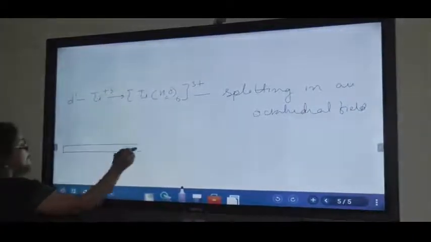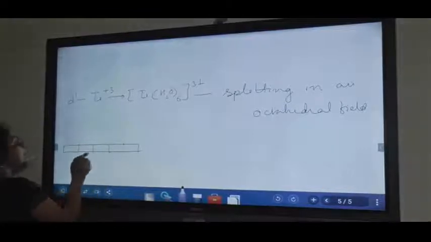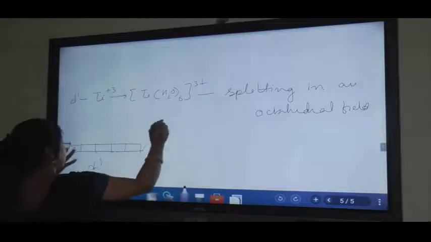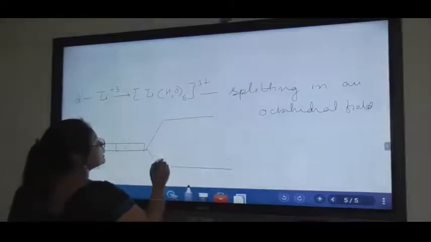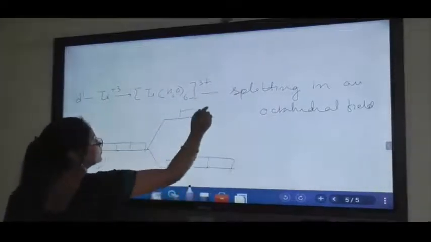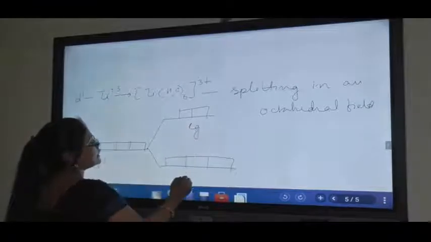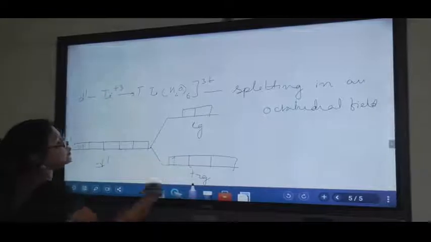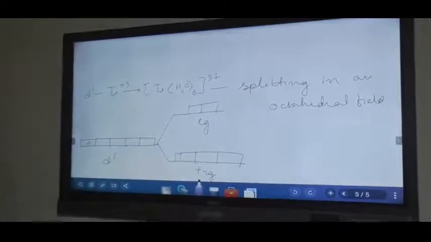Simply the 5 degenerate d orbitals of d1 will undergo splitting to give you higher energy eg, lower energy t2g, and this single electron will occupy the lower energy t2g.